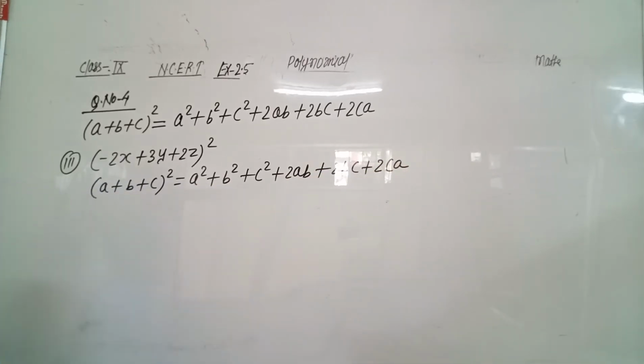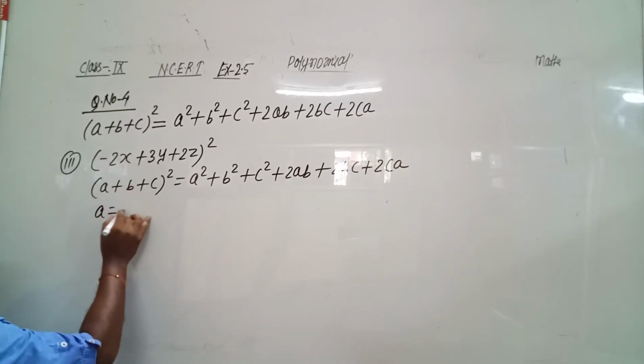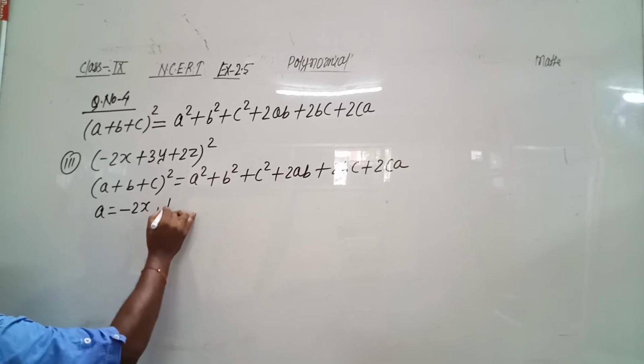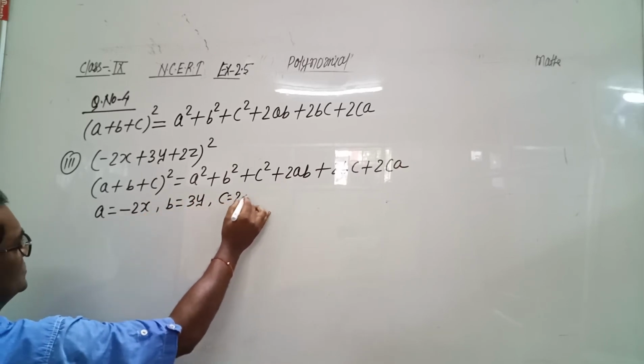Now in the next step we have to write the values of a, b and c. So the value of a is minus 2x, the value of b is 3y and the value of c is 2z.